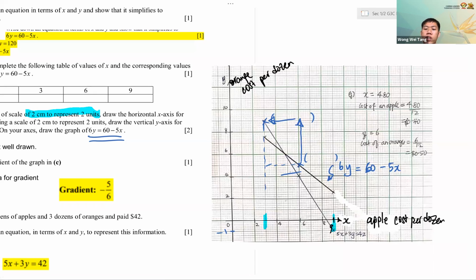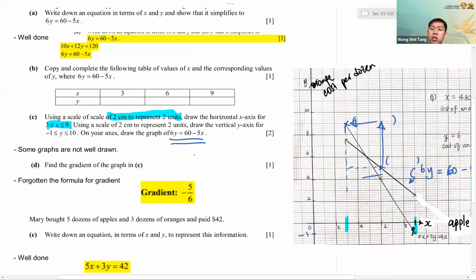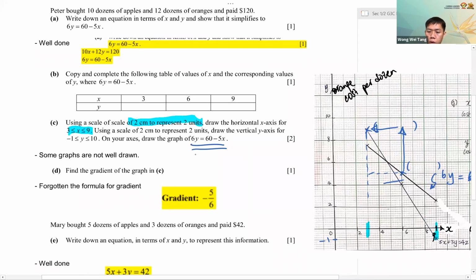Alternatively, you can simply make y the subject from the equation. So you divide by 6 on both sides, obtain y equals to 60 over 6 will be 10 minus 5 over 6x. Rearrange it to become y equals to mx plus c. Y equals to negative 5 over 6x plus 10. So this is our m value.